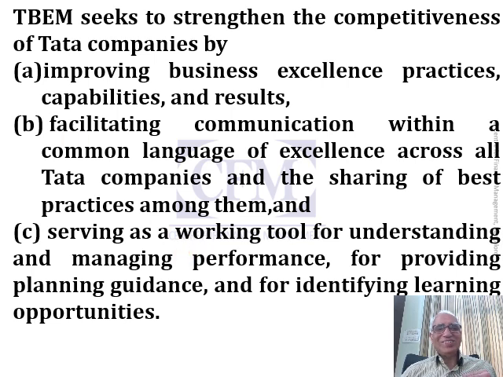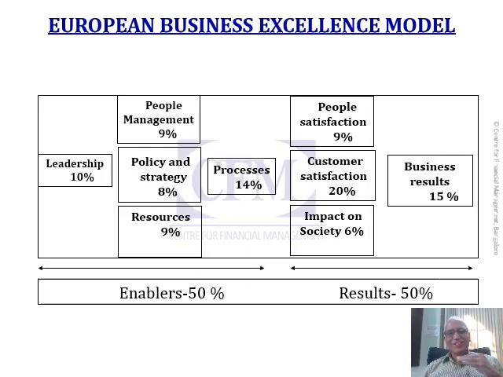The European Business Excellence Model is widely used in Europe. This model is based on 9 factors: leadership, people management, policy and strategy, resources, processes, people satisfaction, customer satisfaction, impact on society, and business results. These 5 factors are referred to as enablers.